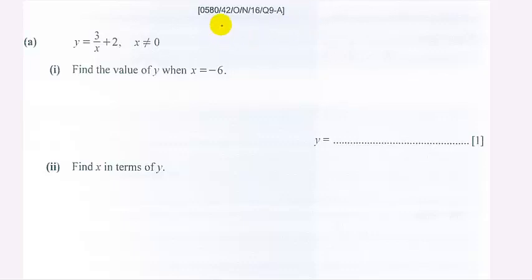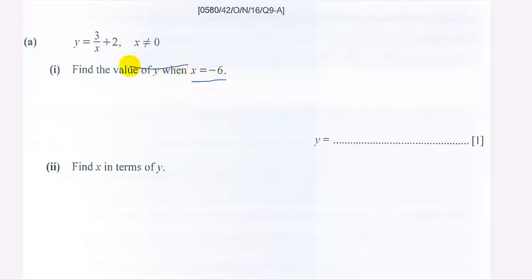This is paper 4 variant 2, November 2016. Here we have an equation, and we have to find the value of y when x is minus 6. Here the value of x is given, so we will substitute this x equals minus 6 in the equation.